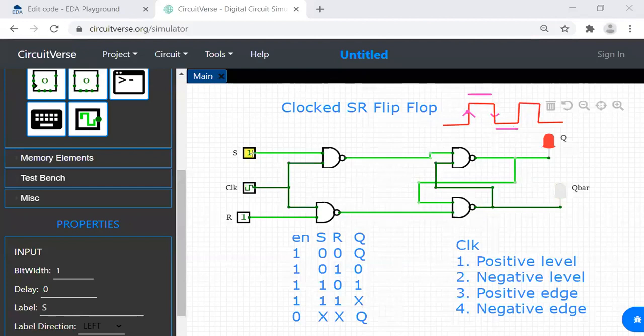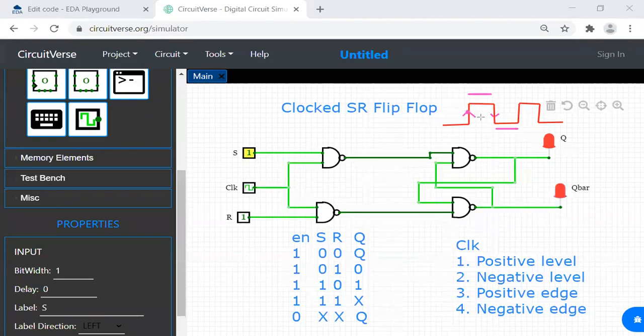Now this is the clocked SR flip-flop I've written. If, instead of a clock, I give an enable, then it will act like a latch, because as long as enable is equal to 1, when your input changes, your output changes. But in a clocked SR flip-flop, what happens?